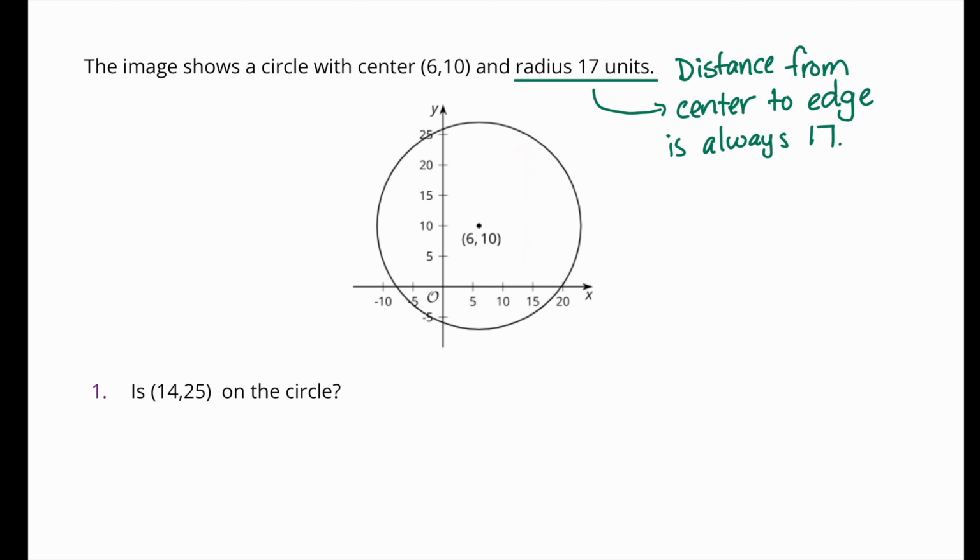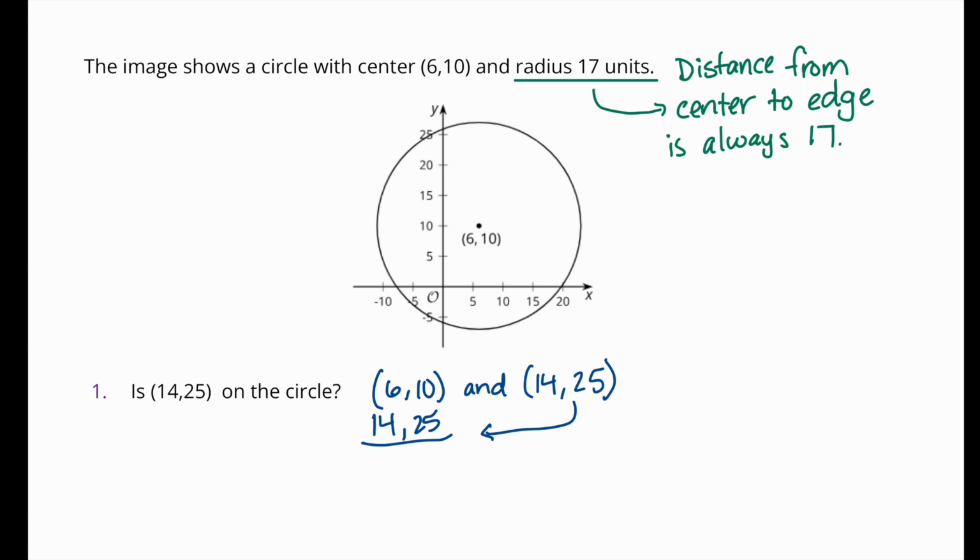So I'm going to write out the 2 points that we're using here: (6, 10) and (14, 25). Just like with the other 2 points that we used on that triangle, I tell my algebra students the best way is to stack and subtract.